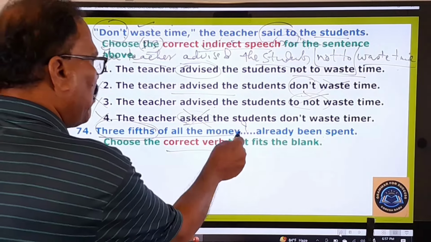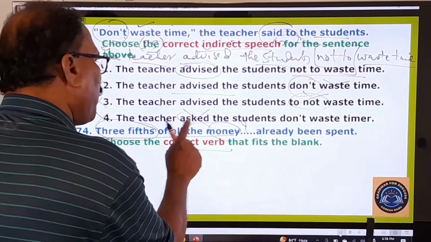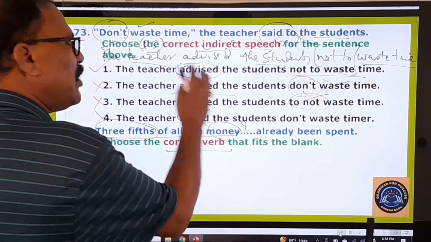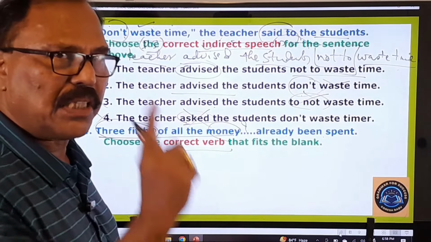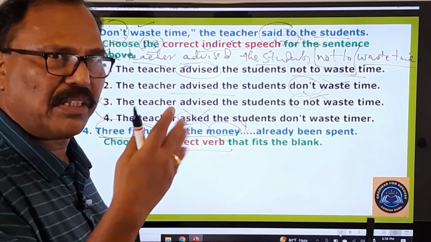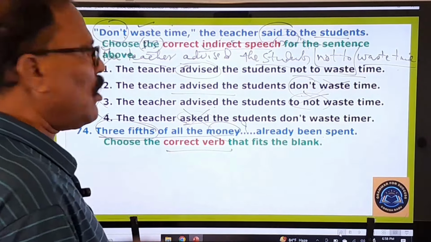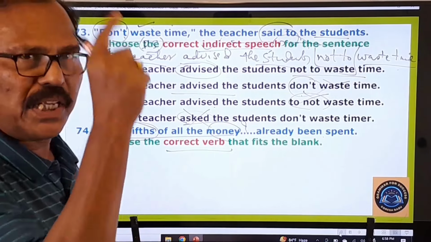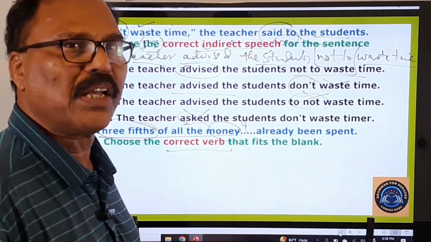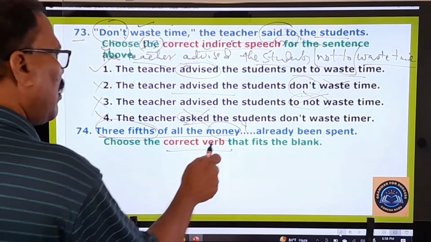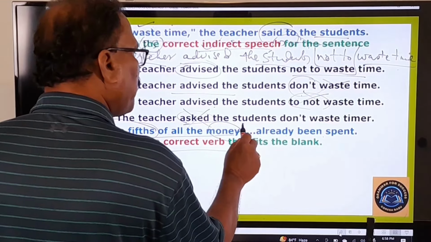And moreover, money is there. 3/5 of all the money, moodavantu dabbu, singular in Telugu. If you take the meaning of that in Telugu, it is only singular. Moodavantula dabbu, ఐదింటిలో 3 వంతుల డబ్బు, singular. So here you can automatically understand the singular verb must be used.